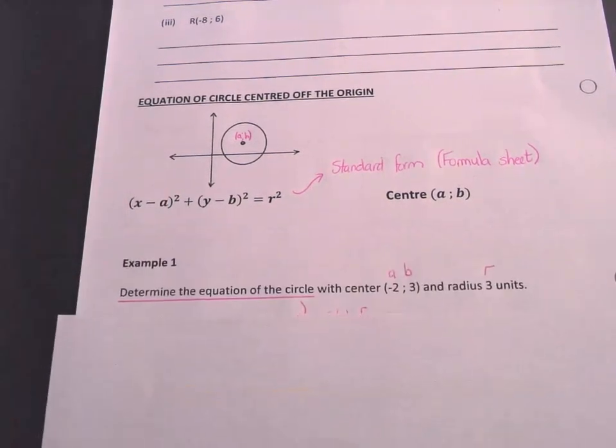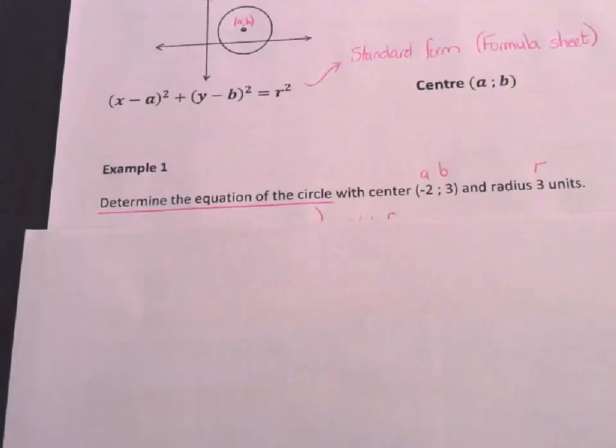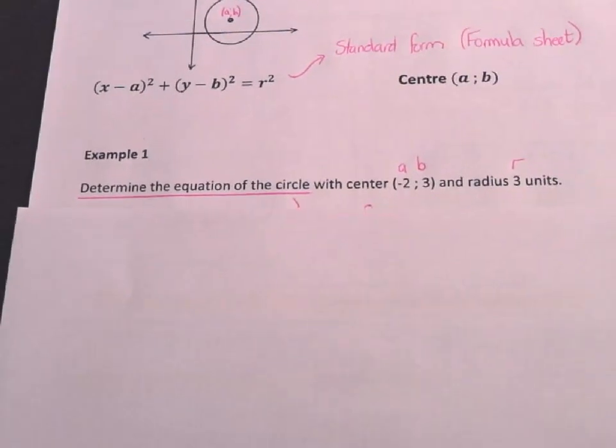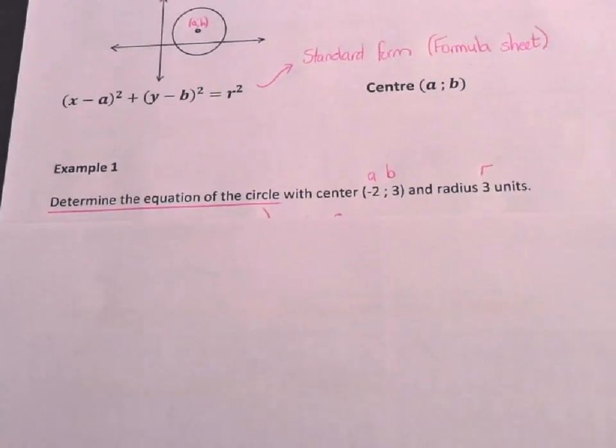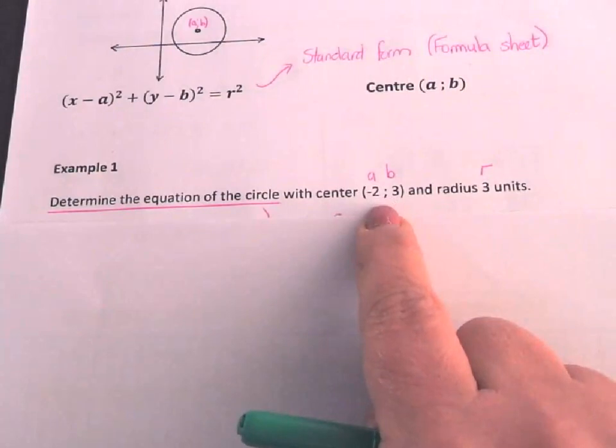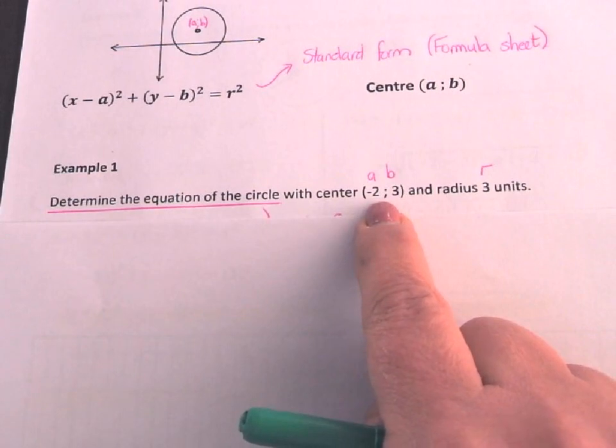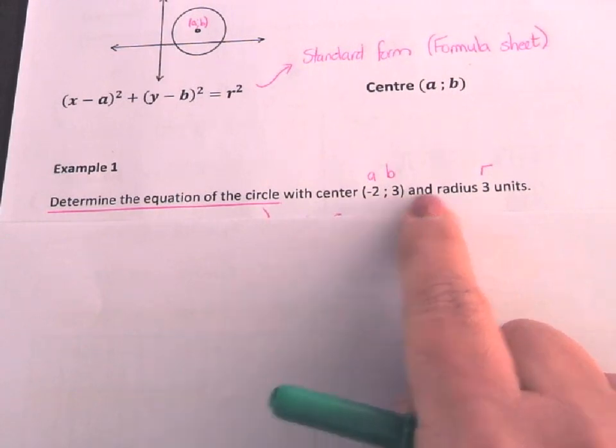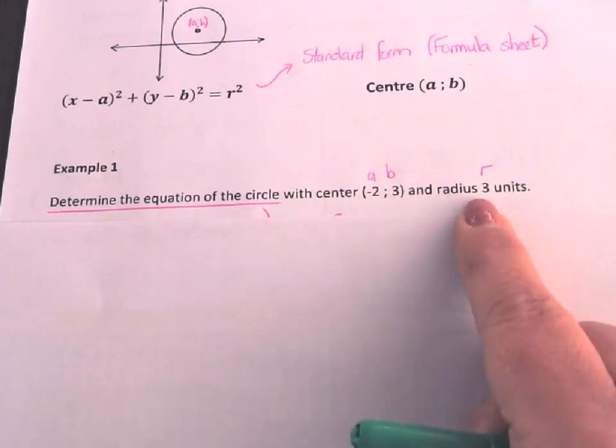Let's look at example 1. Determine the equation of the circle with center minus 2, 3. So if they tell you it's a center, you immediately know that they are talking about A and B. And radius 3.